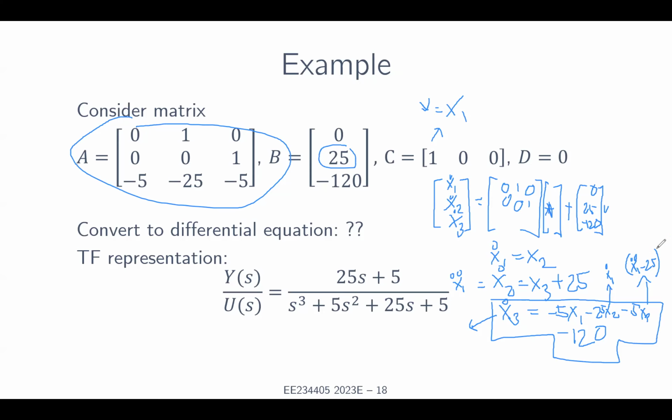So we differentiate this again. That means we have x1 triple dot, because the derivative of 25 is 0. Which means we have y triple dot from this equals minus 5 y, minus 25 y dot, minus 5 y double dot.